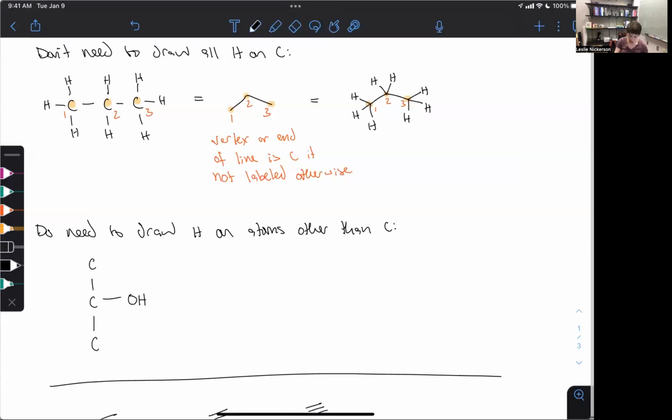So in this circumstance, let's just go ahead and think about how many H's each of these carbons needs in order to be neutral. So this carbon has 1 bond. So to get to 4, I'd need to add 3.